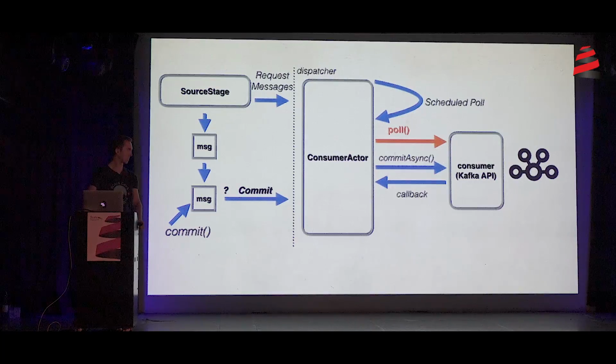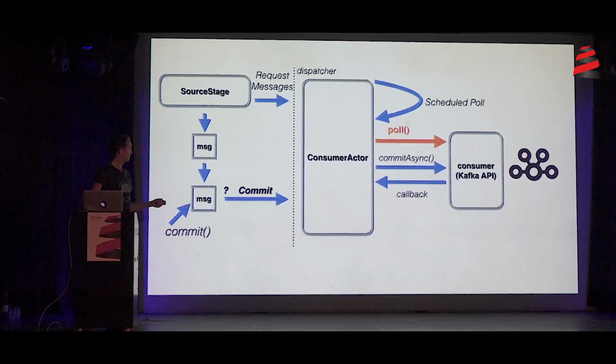Dealing with callbacks is cumbersome. Also in the case of Kafka, the poll calls and commit calls have to be synchronized in a very specific way. And having to know about that internal nuance is really painful for developers.